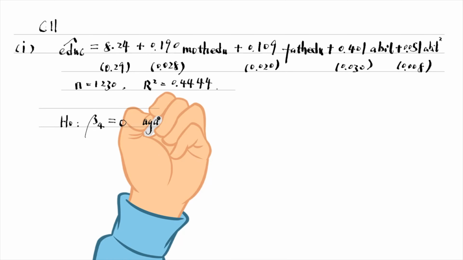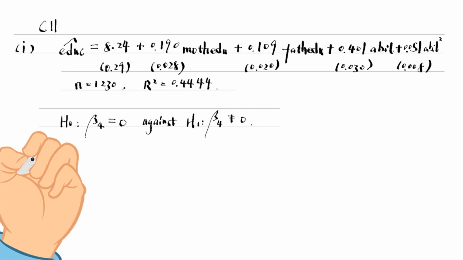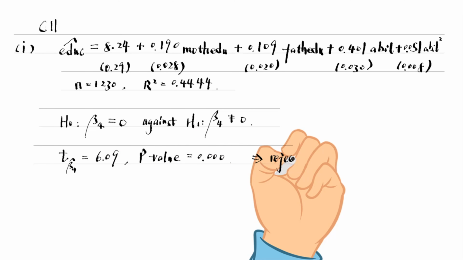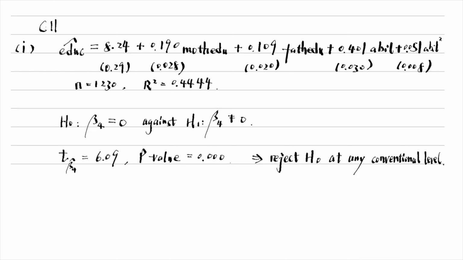The null hypothesis is that education is linearly related to ability, that is, beta 4 equals 0, against the alternative that the relationship is quadratic, that is, beta 4 does not equal 0. We can read from the Stata result window that the t-statistic is 6.09 and its two-sided p-value is 0.000. We reject the null hypothesis at any conventional level and conclude that education relates to ability in a quadratic form.